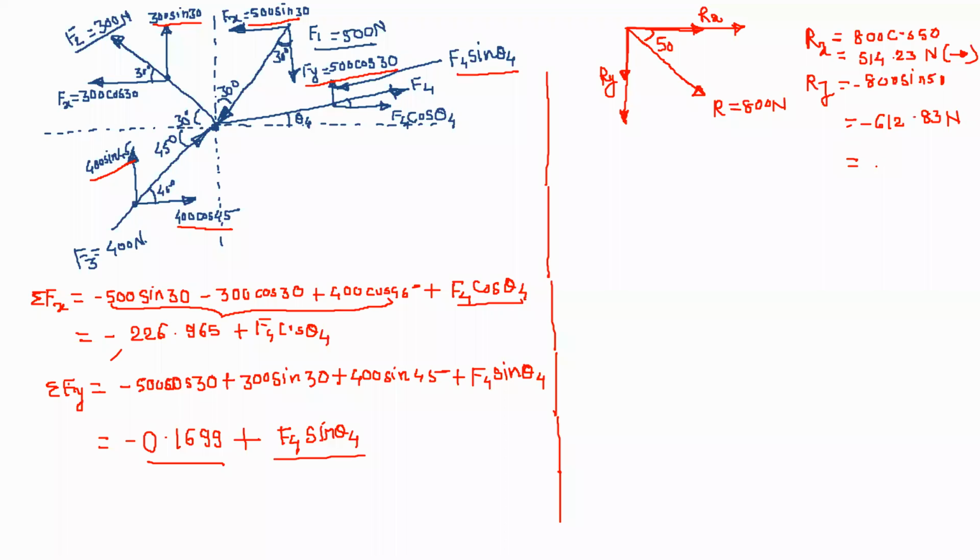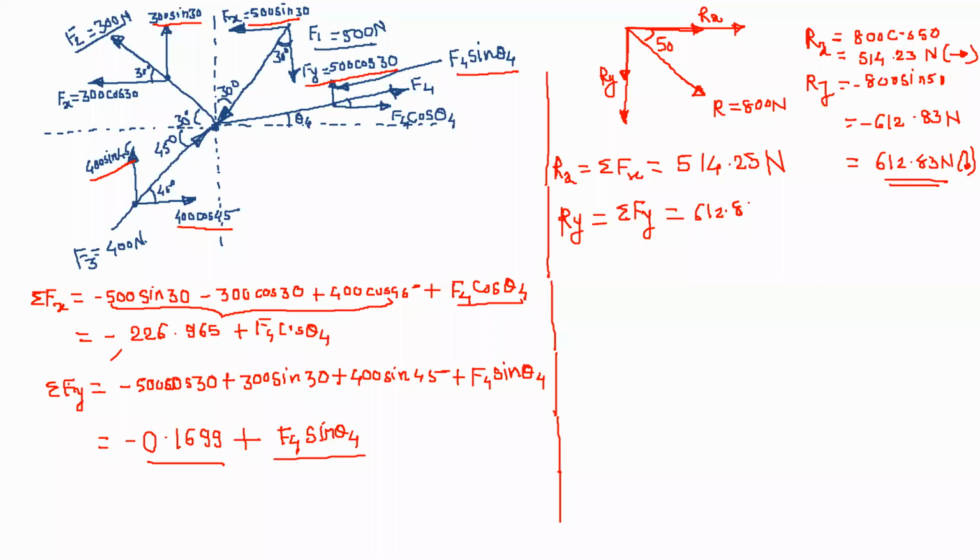So actually meaning is 612.83 Newton acting in the negative y direction. So we have got Rx, that is nothing but summation Fx, which is equal to 514.23, and Ry is nothing but the summation Fy, which is 612.83 Newton. So basically it is minus.